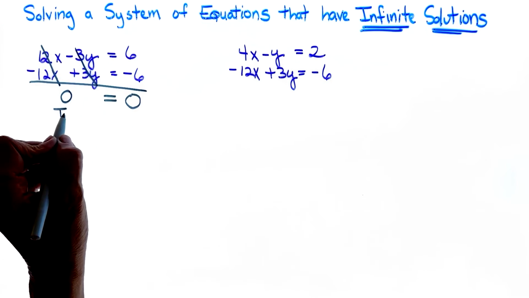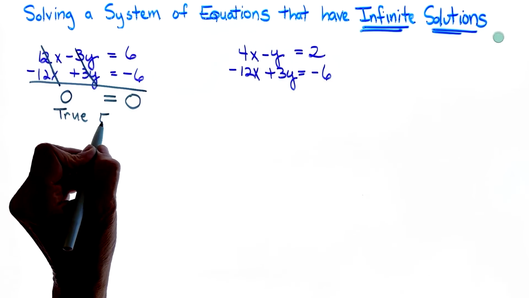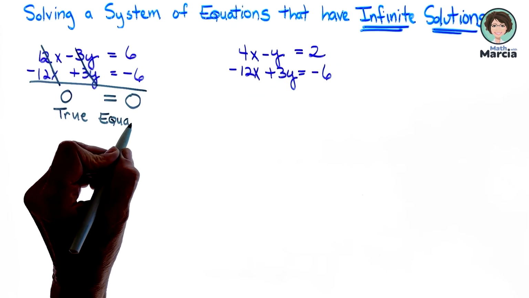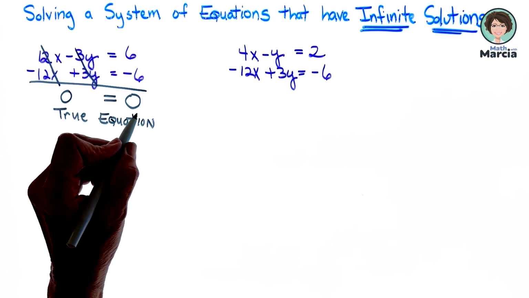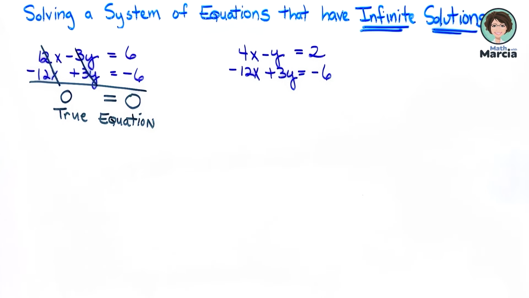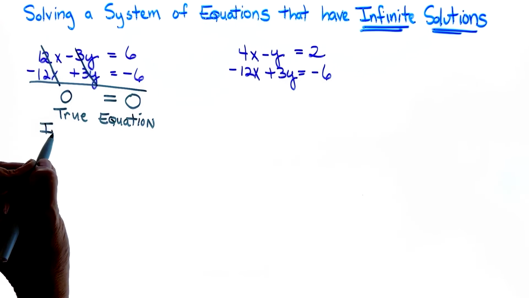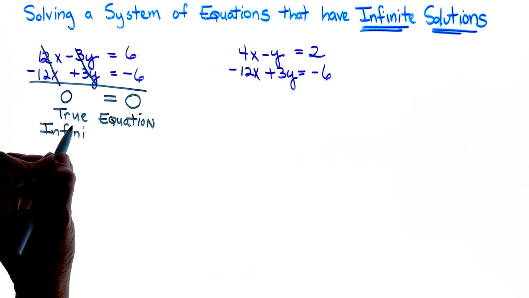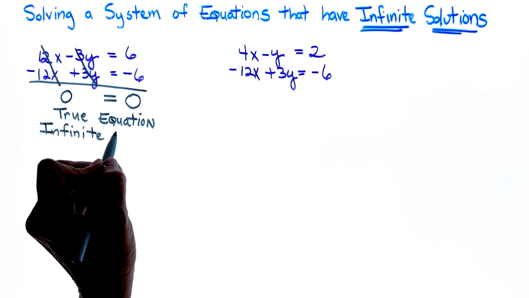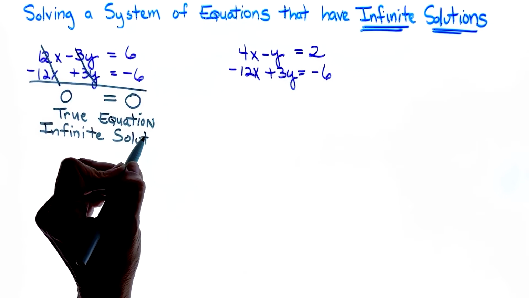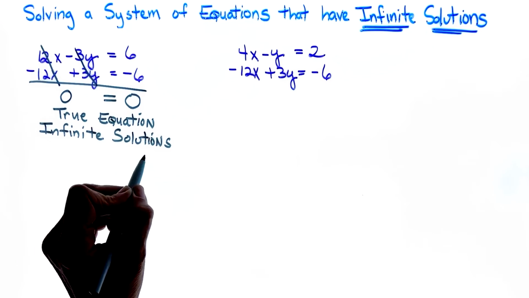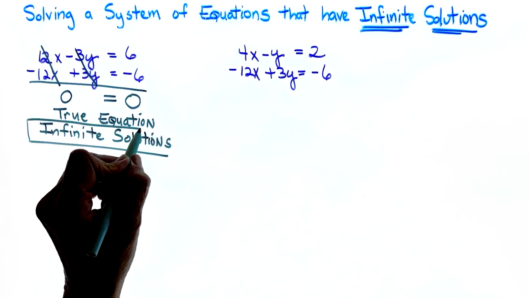So when you get a true equation, which we know that 0 is equal to 0, you have infinite answers, infinite solutions. There's your answer. You're done with that problem.